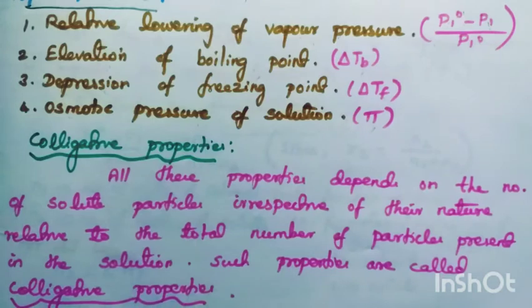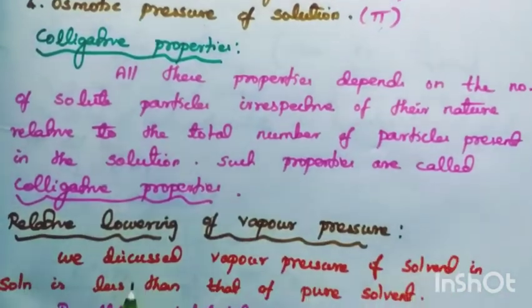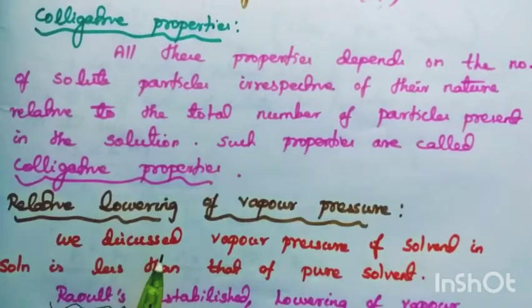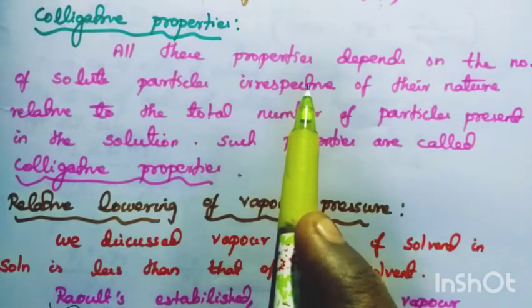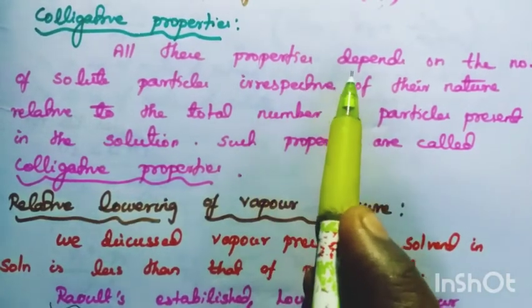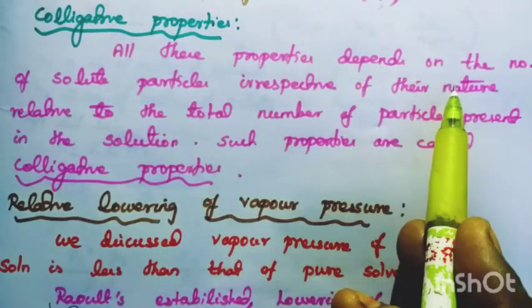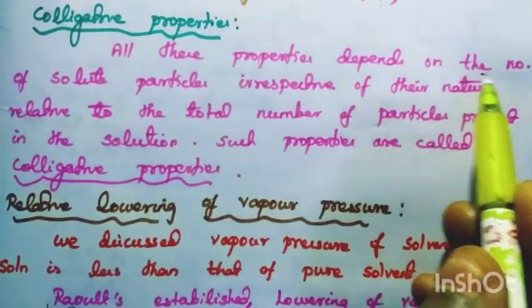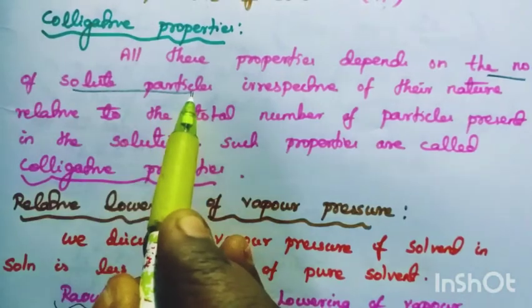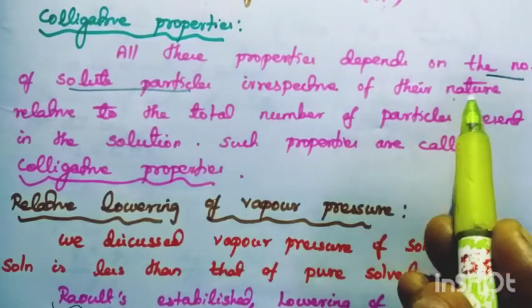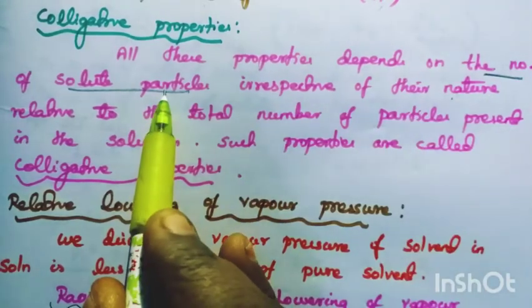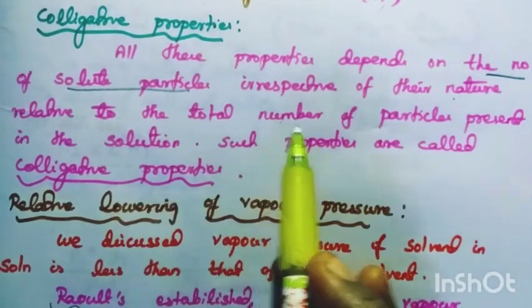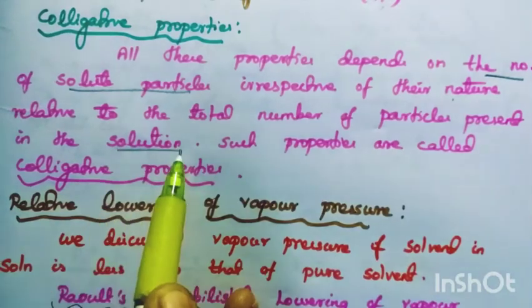Now we are going to see what a colligative property is. We said in a single word, it depends on the number. Yes, all these properties we mentioned above depend on the number of solute particles, irrespective of the nature. They depend not on the nature, but on the number of solute particles relative to the total number of particles present in the solution.